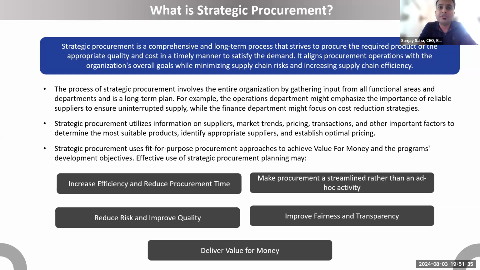You will see that there are differences in prices, quality, shipping time and delivery times. So value for money means that you have the best possible quality, lowest possible cost, and a very streamlined lead time. If we compare between states, some states are possibly getting value for money while others are not. So how do you create a scenario where everyone gets that? That's where strategic procurement comes into play.